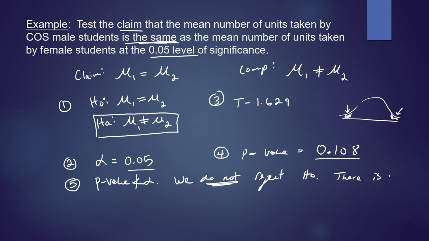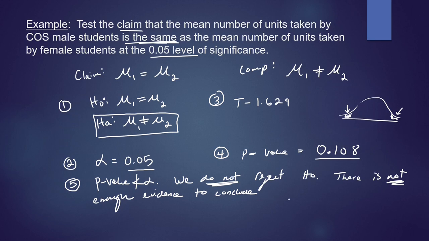There is not enough evidence to conclude. And our conclusion is always in terms of HA. And HA states that mu1 is not equal to mu2.